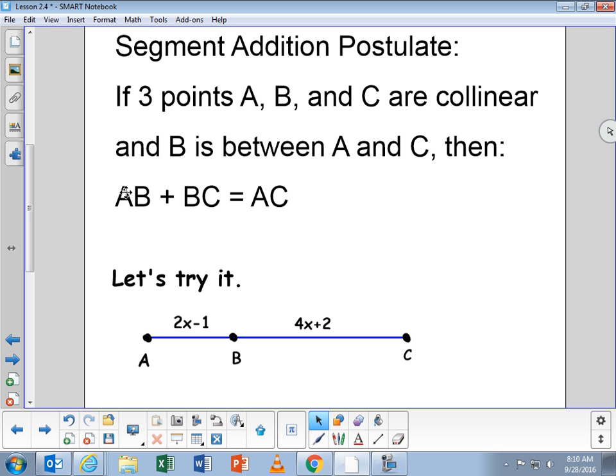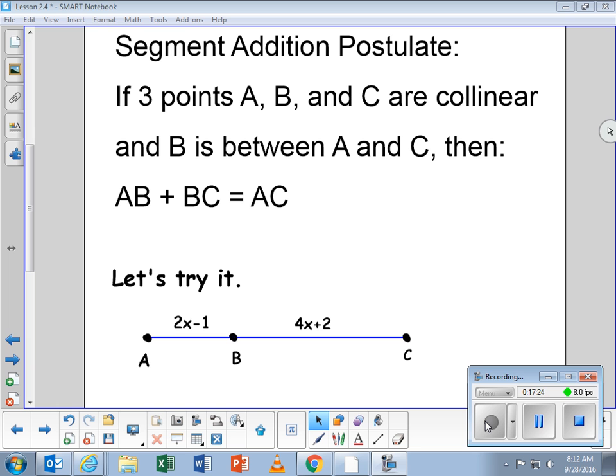Okay? Then that means AB, the distance from A to B, plus BC, which means the distance from B to C, is equal to AC, or the distance from A to C. Okay, I'll pause. You can copy that down.